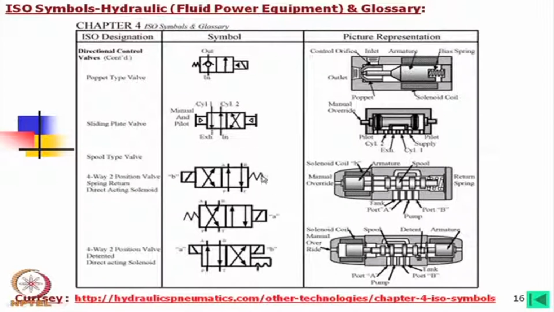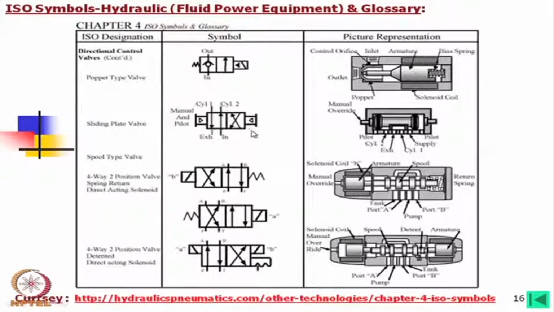Now, here is a spring. This spring means, say we can move the spool by this armature, but presenting this spring means it always remains in one position.